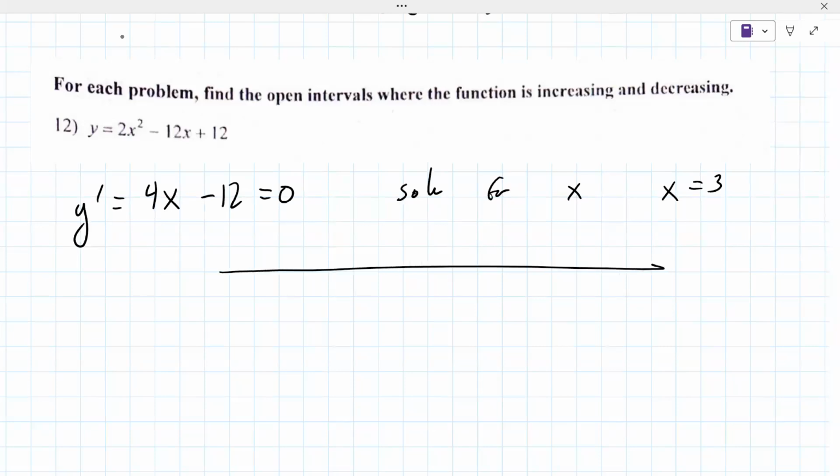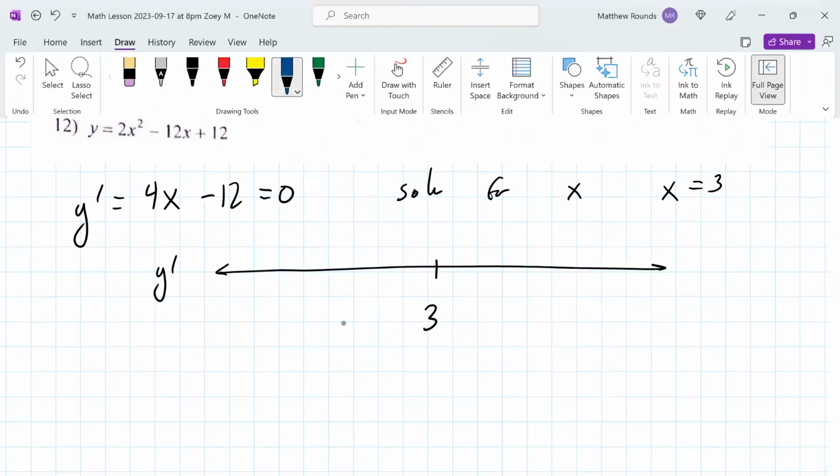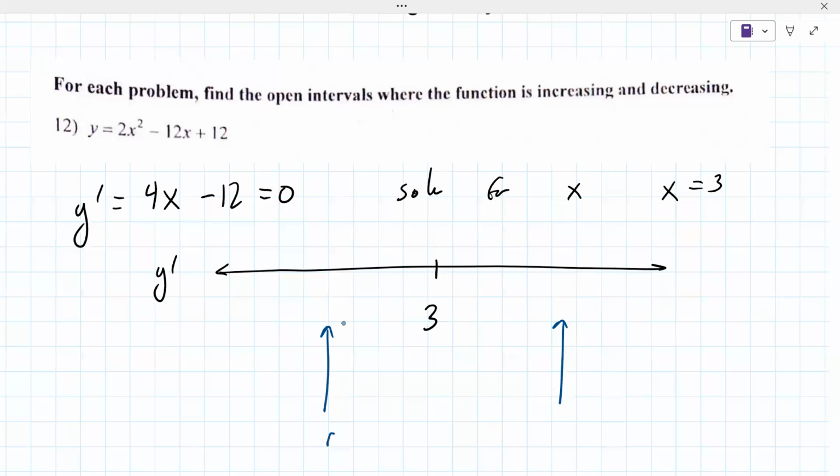So on a number line here for your derivative, your critical point is 3, and then you need to test points like 0 and 4. So these are your test points. You test them in the derivative. So you're putting 0 in the derivative, 4 in the derivative, and you want to know whether it's positive or negative. Did we cover this before?